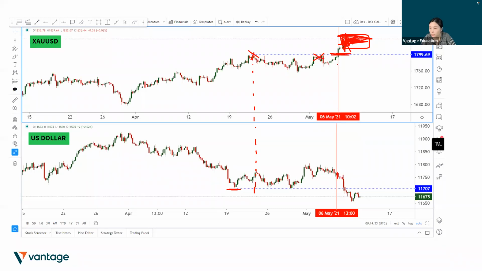Okay, I'm looking at, hey, my XAU has broken. Maybe my US dollar is going to fly down, right? We might have this thinking because they are correlated. But you don't want to be trapped here because this might also be a fake breakout, right? You do not want to fall into the trap of this.